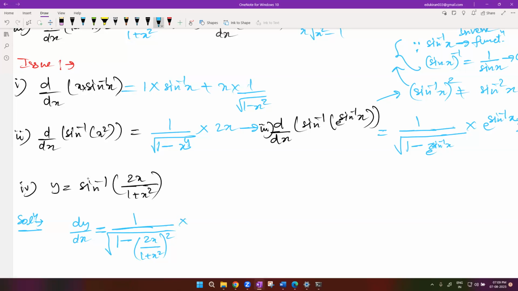Now we will reach 2x upon 1 plus x squared, which is basically applying the quotient rule. Applying the quotient rule, the denominator is 1 plus x squared, whole squared. Then the differentiation of 2x will be 2, into the denominator as it is, minus 2x as it is, into the differentiation of 1 plus x squared. 1 will be 0, x squared will be 2x.